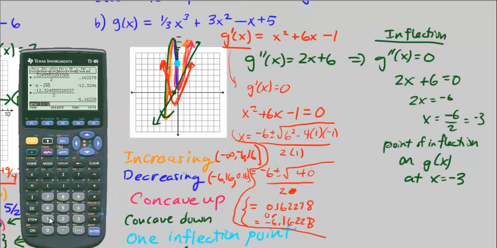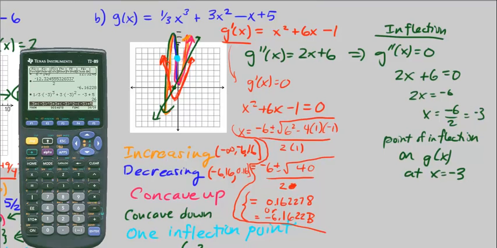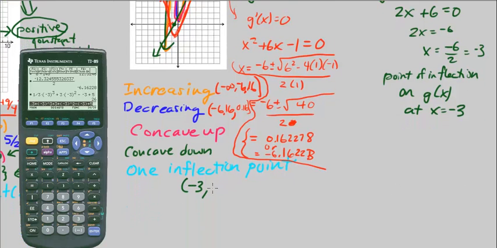We have 1/3 times negative 3 cubed plus 3 times negative 3 squared minus negative 3 plus 5. Let's plug that in, and we get 26. So we have an inflection point at negative 3, comma 26.